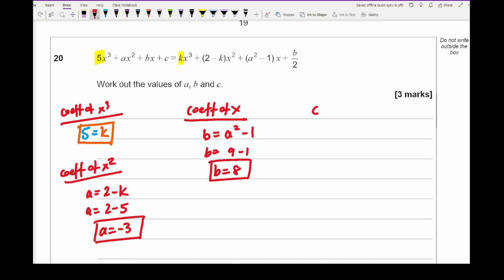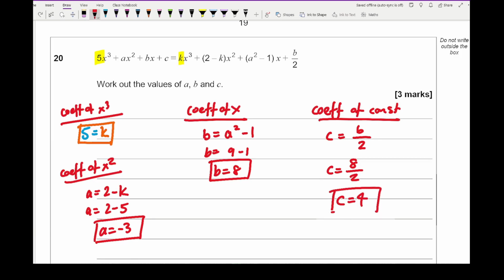And then finally the coefficient of the constant, on the left hand side I've got c, and on the right hand side I've got b over 2. I know b equals 8, so c equals 8 divided by 2, which leaves me with a c value of 4. So a equals minus 3, b equals 8, and c equals 4.